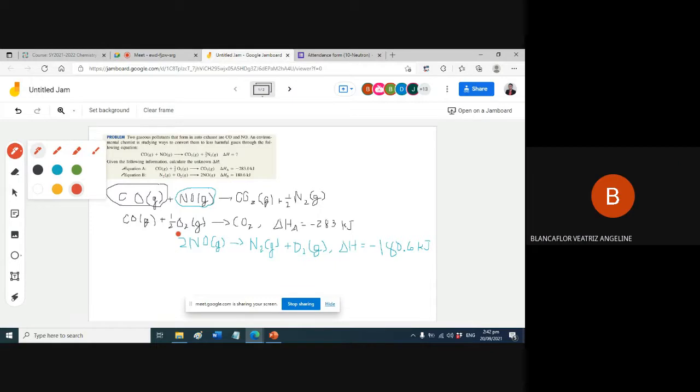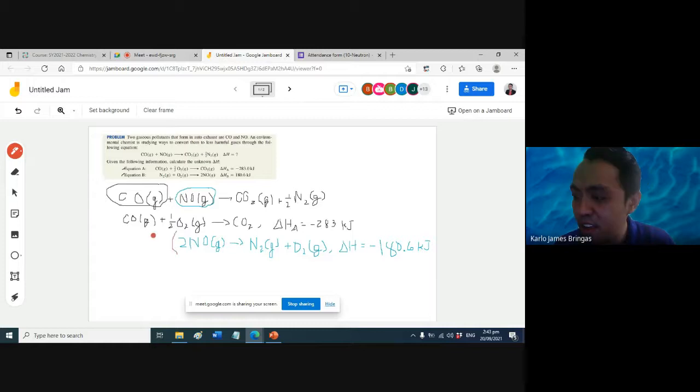Multiply by 1/2, sir. Okay, thank you, Bea. Jamir as well. So we can multiply everything sa equation B by 1/2. By doing so what we're gonna get is the following. Para hindi na masyado nakakapagod na i-sulat ito using the trackpad. So let me just delete na lang or erase.